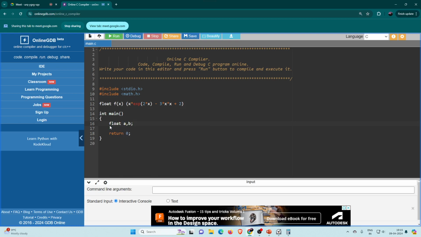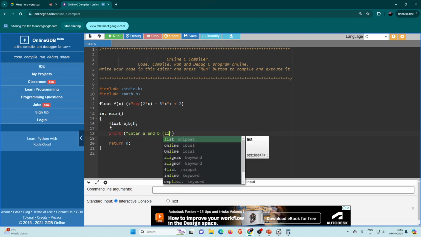Float a, b, float h. a, b and h, right? So h is the step size, of course. So define, enter a and b limits.